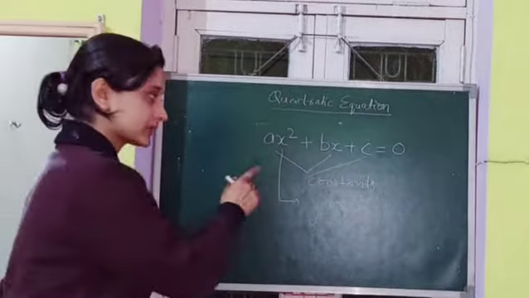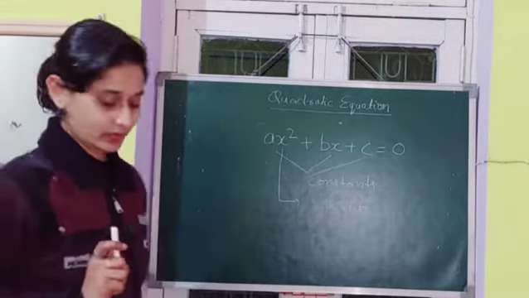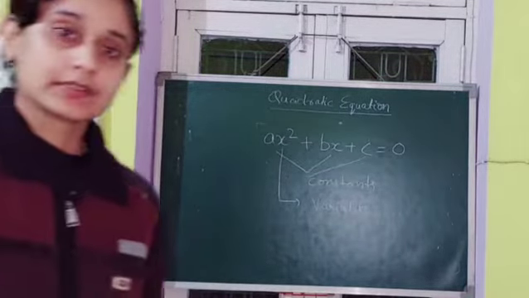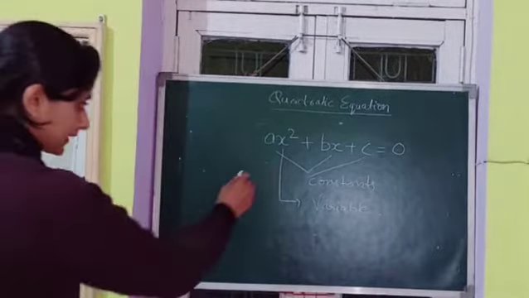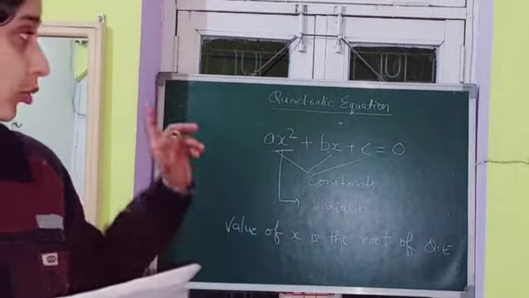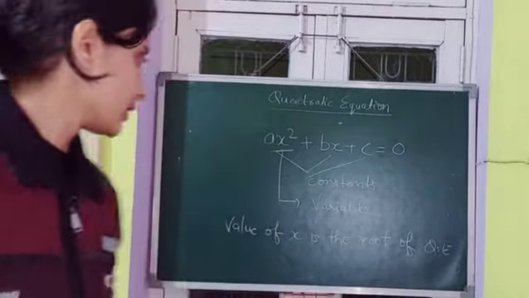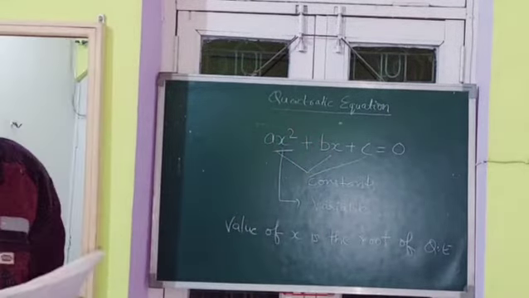For the value of x, this equation holds true, and this is a quadratic equation. Now I will discuss what is the root of a quadratic equation. The root is the value of the unknown variable x for which the quadratic equation holds true.